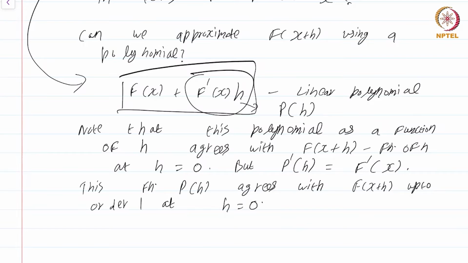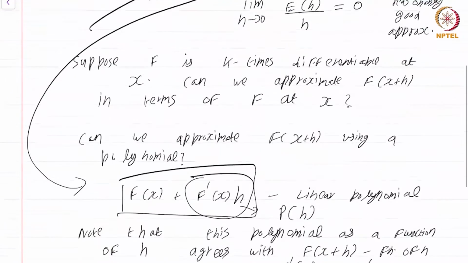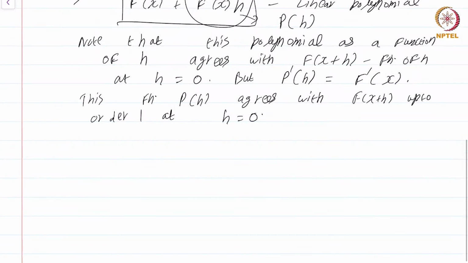Okay. Now we want to produce a polynomial that agrees with f at the point h equal to 0, not just till order 1 but till order k or k plus 1 or whatnot. Here we are assuming f is k times differentiable, so up till order k. Okay, so how would you do that?